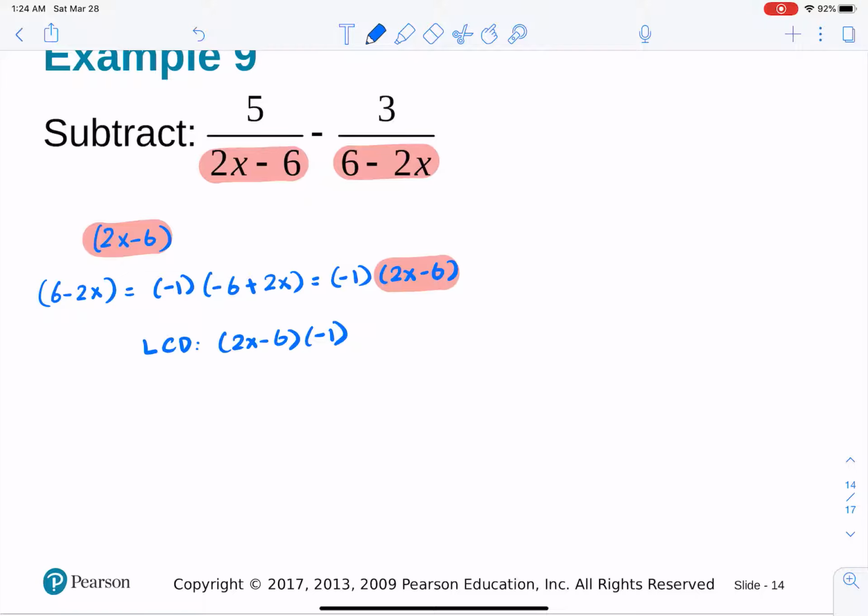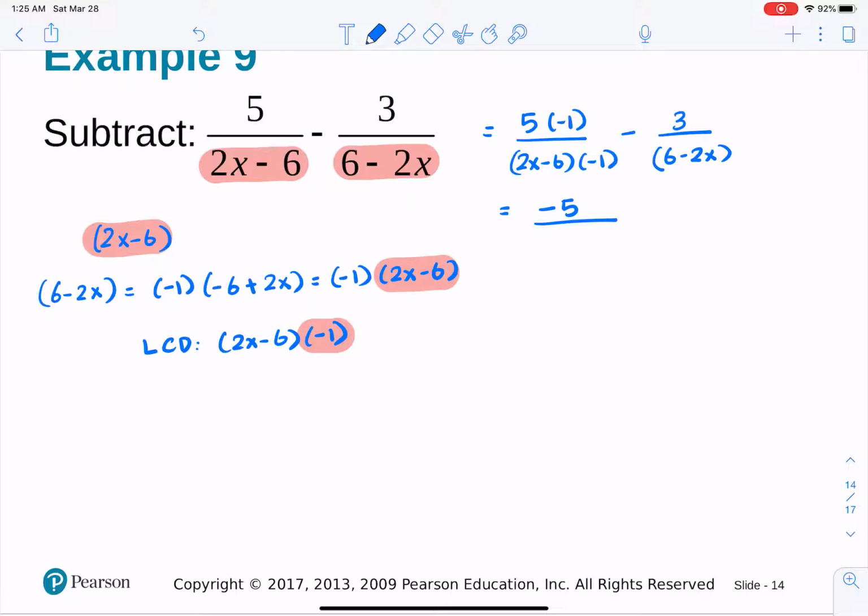So this sort of tells you what you need to multiply and divide by. The fact is that it's not in common. So we want to multiply and divide, I'm sorry, the first rational expression, by negative 1. We'll keep the second as is. 5 times negative 1 is negative 5.